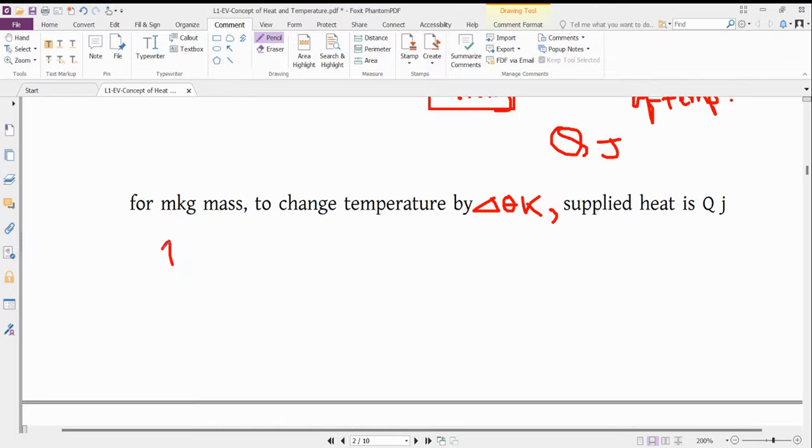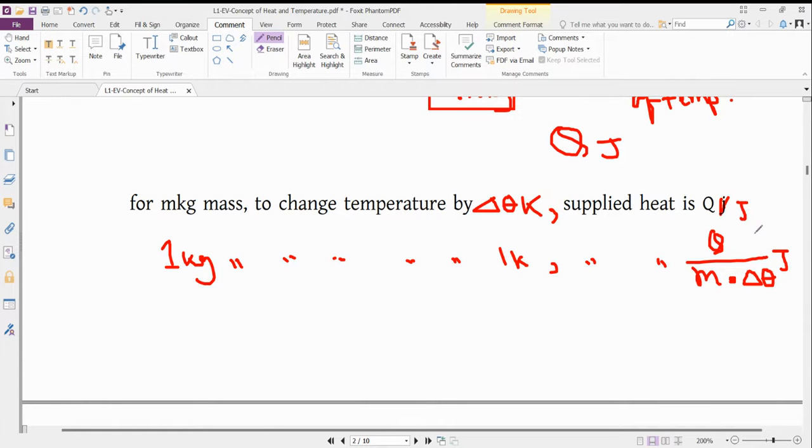For 1 kg mass, to change the temperature by 1 Kelvin, the supplied heat should be Q divided by m divided by del theta, right? Joule. This should be capital Q, not a smaller one.